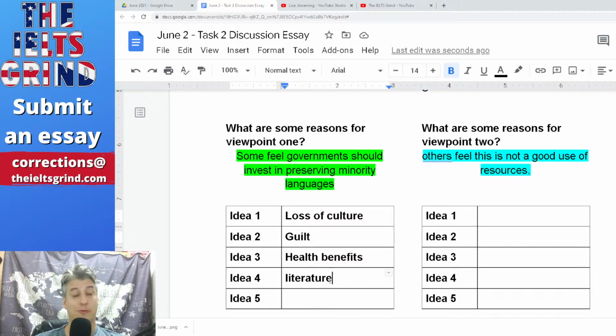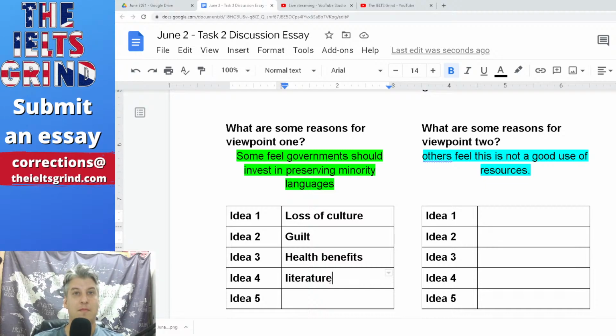For example, Latin could very easily have become a dead language because the Romans don't exist anymore. But because people adopted the language, we kept the literature, and that is where most of Western history comes from. Yeah, I think literature is a really good idea.